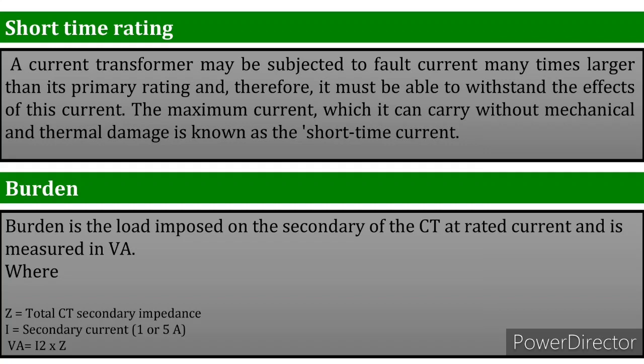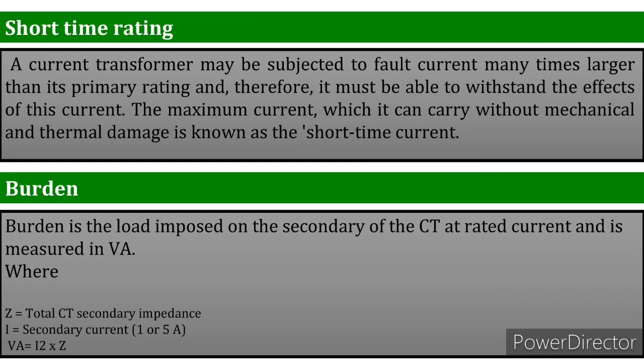We can say the maximum current which it can carry without mechanical or thermal damage is known as short time current. Usually the time specified is 1 or 3 seconds.